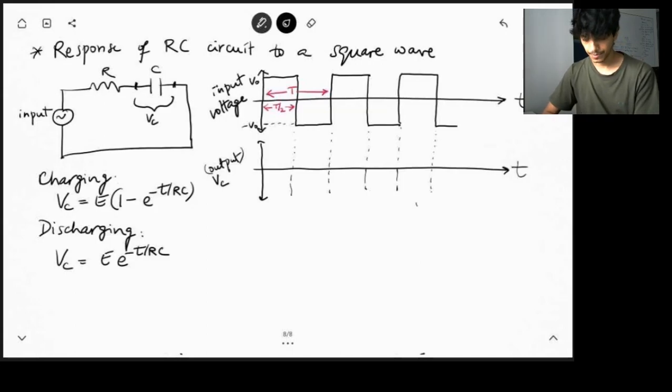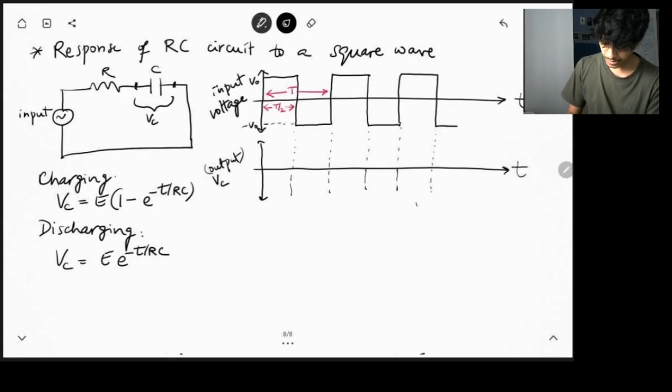What do you think is going to happen? First, when we are in this part of the wave, this is basically like a DC source with some large voltage V0. So then this is just like being in the charging mode. So then the capacitor charges according to this formula. So it charges like this.